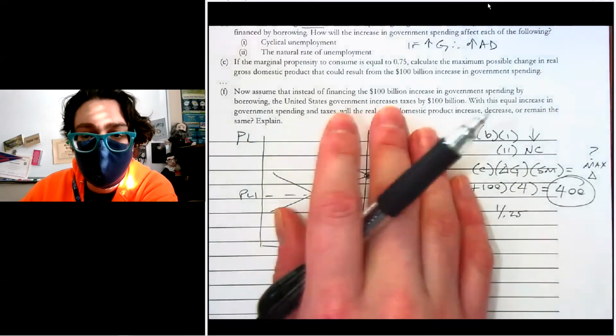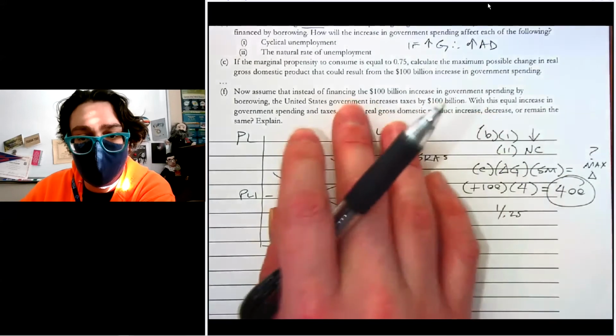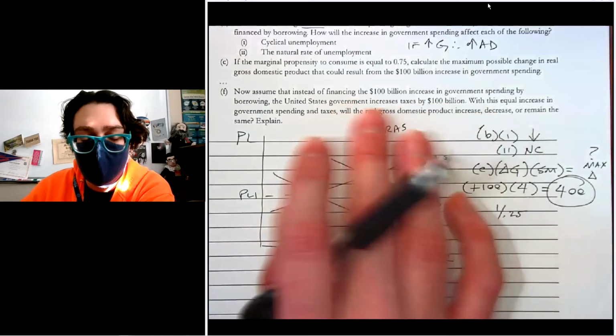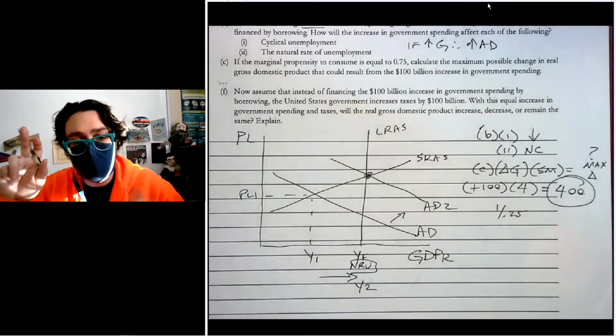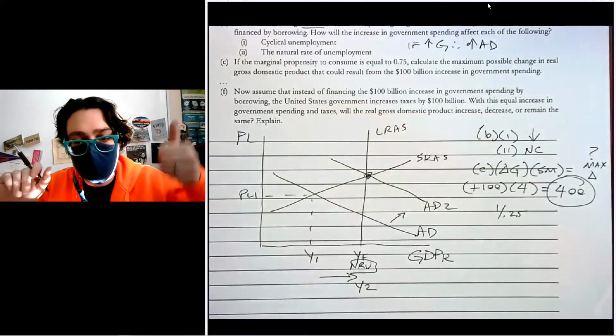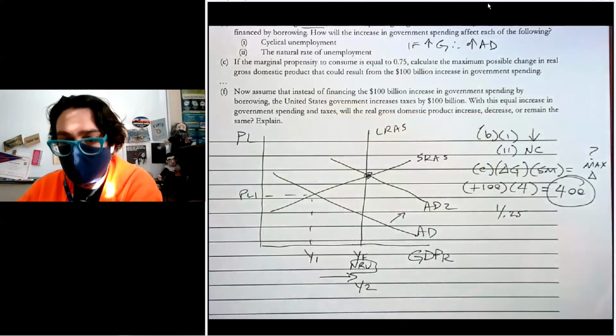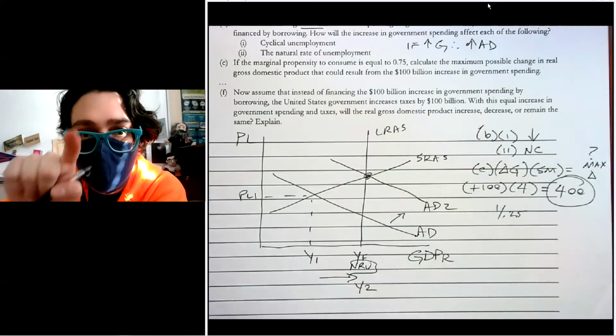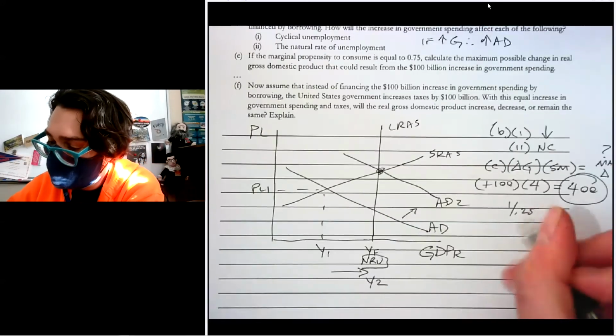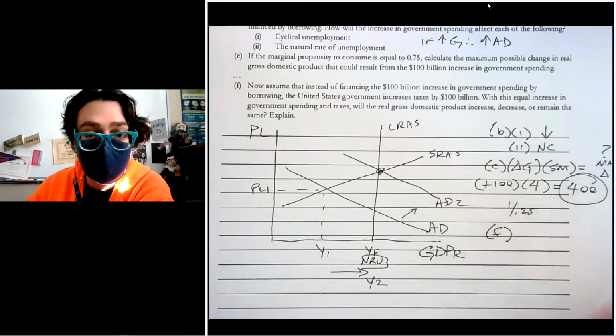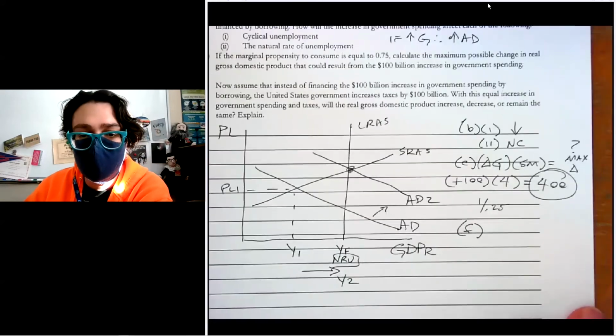Now assume that instead of financing the government spending by borrowing, they increase taxes by 100. With this equal increase in spending and taxes, will real GDP go up, down, stay the same? Explain. So this is that tricky problem I told you about, and you were not going to get it wrong, correct? You don't even need the multipliers to do this.